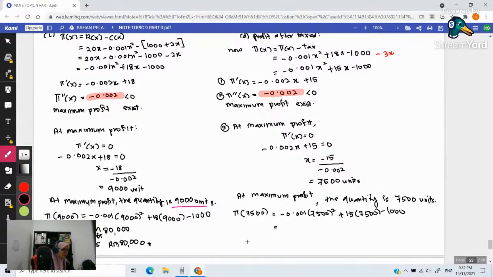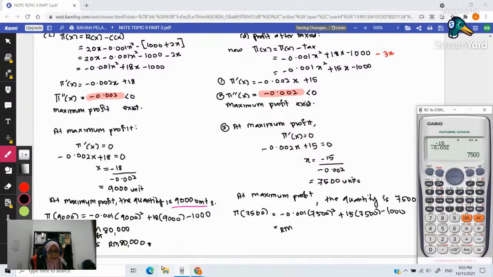So we write it on our calculator and then we calculate. Negative 0.001 multiplied by 7,500 squared, and then plus 15 multiplied by 7,500 again, minus 1,000.